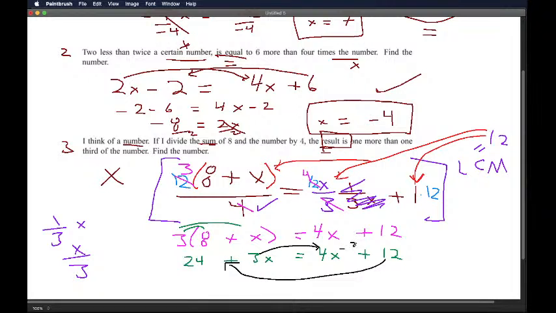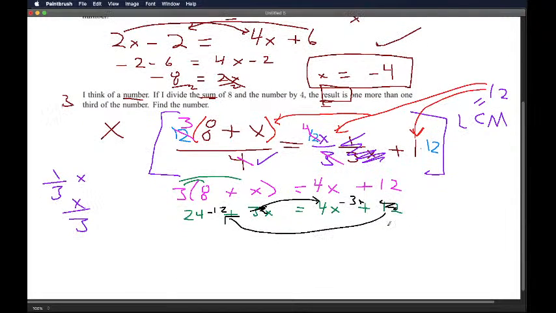So this will be minus 3x on this side. So I've gotten rid of that. And that becomes minus 12 on that side. So I've gotten rid of that. And then in the end, we end up getting 24 minus 12 is 12. And 4x minus 3x ends up being something nice, like so. All right, so that's how we go about doing that word problem.